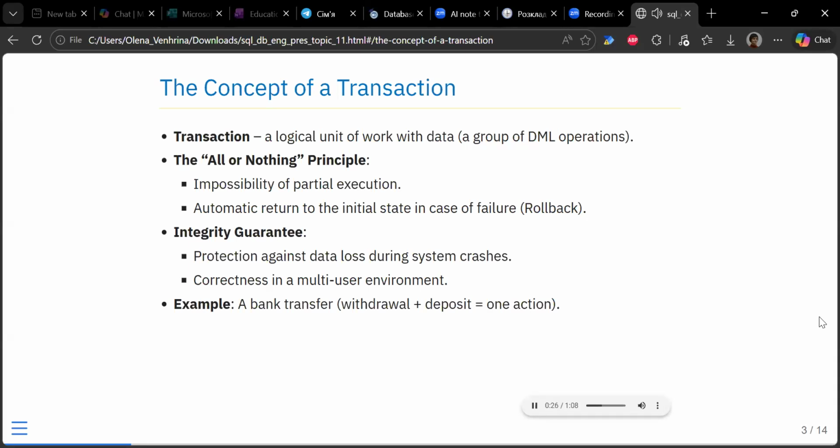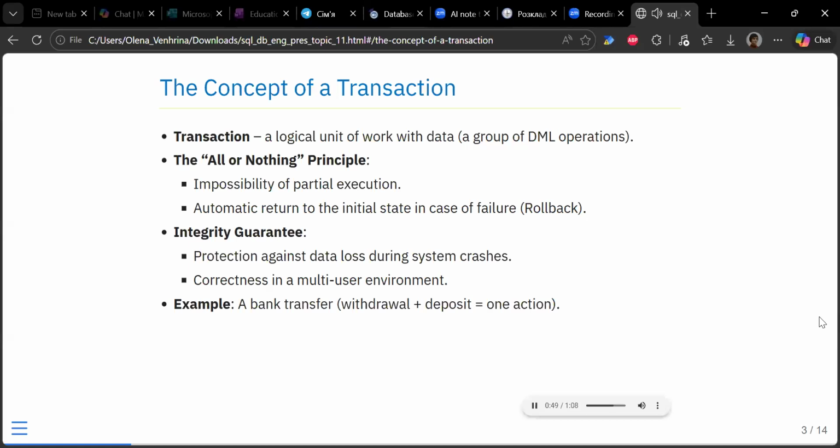Consider the classic example of a bank transfer. Technically, it consists of 2 operations, withdrawing funds from the sender's account and depositing them into the recipient's account. If the system fails, for example, a power outage, after the first action before the second is completed, without transactions, we would have a situation where the money simply disappeared.